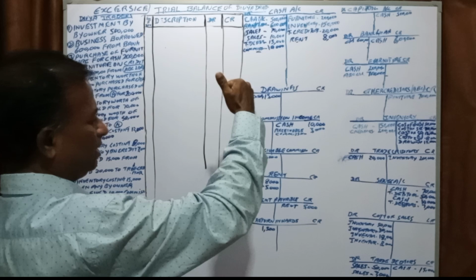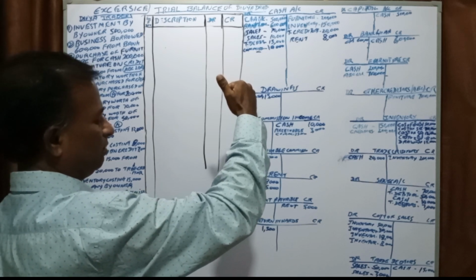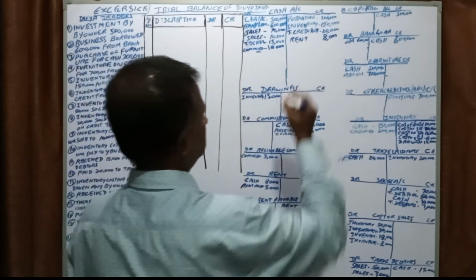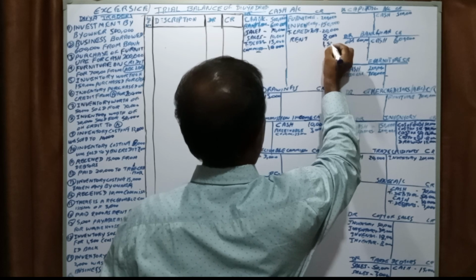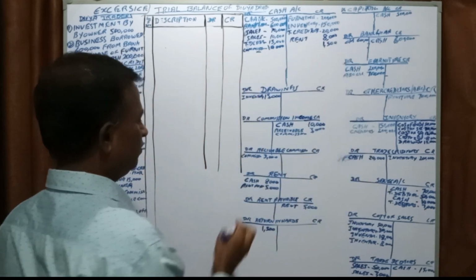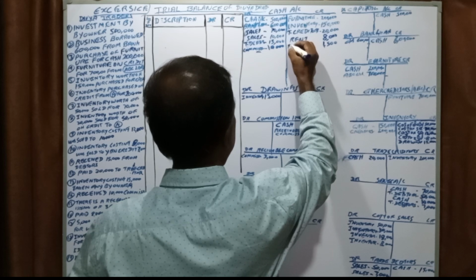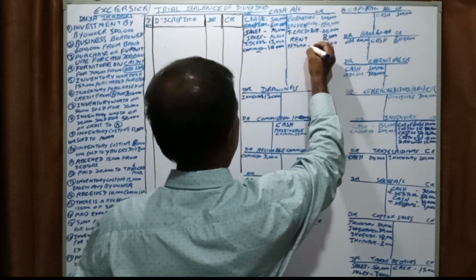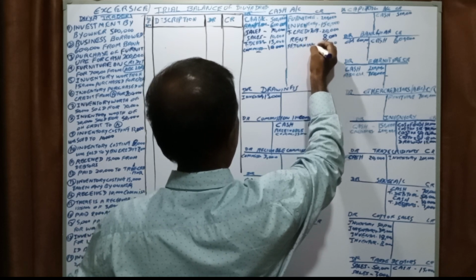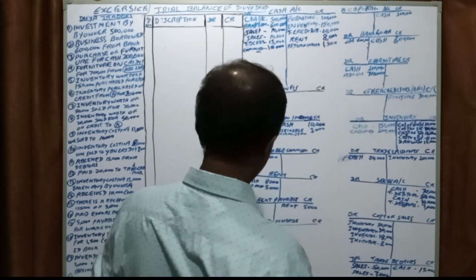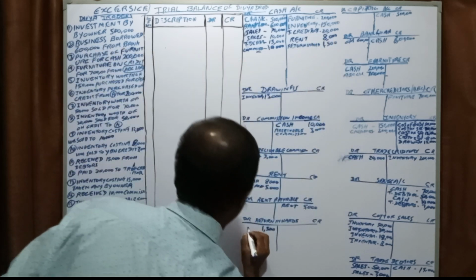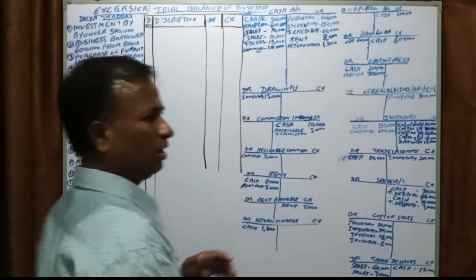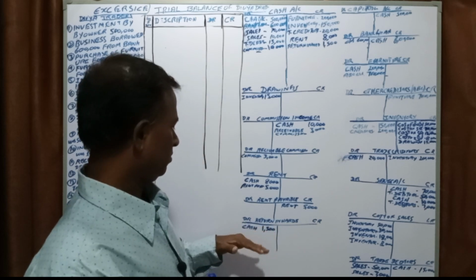Then we are paying back that cash pertaining to that returns, 1,500 in the cash account. Okay, return inwards, here we will say cash. Have you understood the matter?